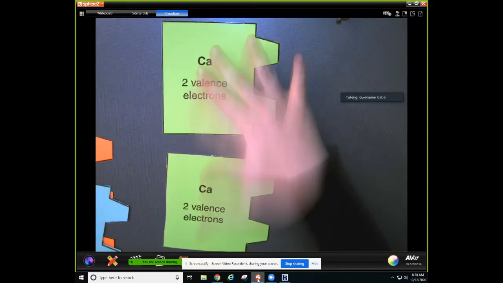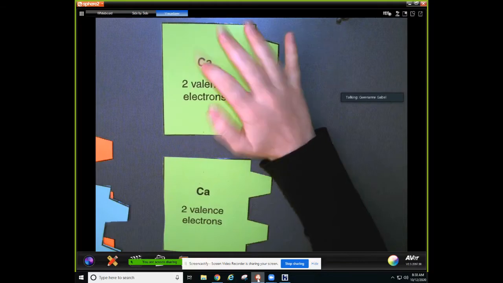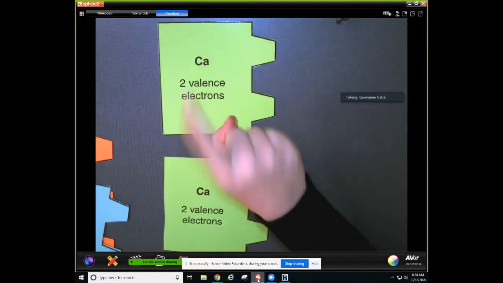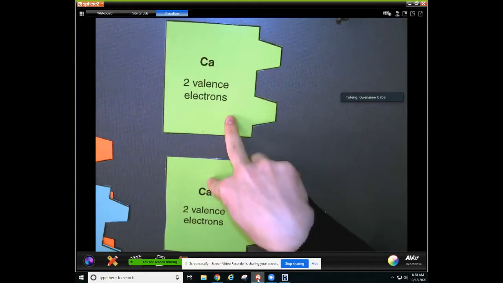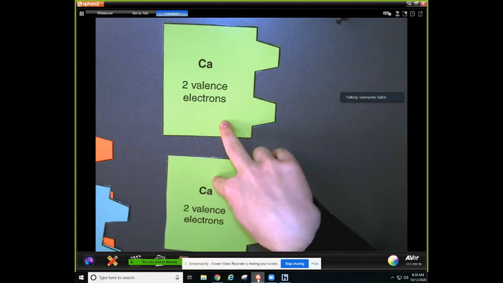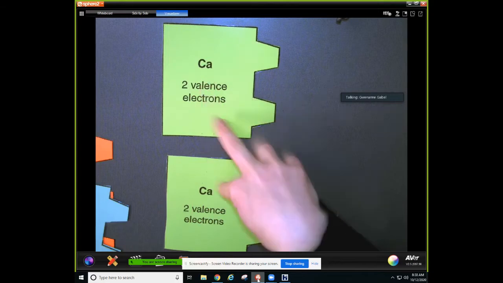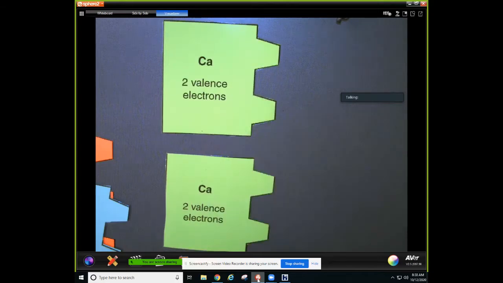This is an element. I have 1 element, which is calcium. But I have 2 pieces of calcium, okay? 1 element, but I have 2 of them, and now I have 2 valence electrons.